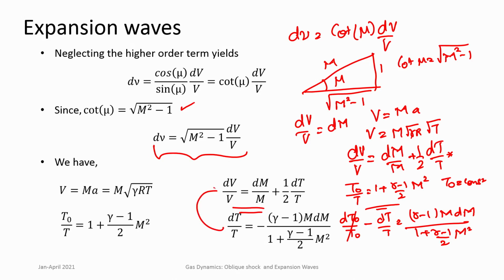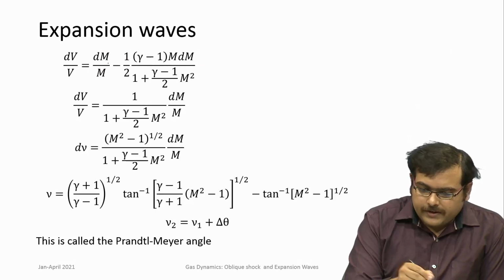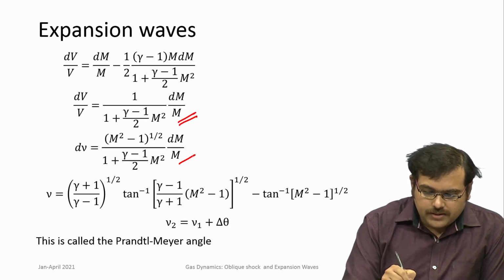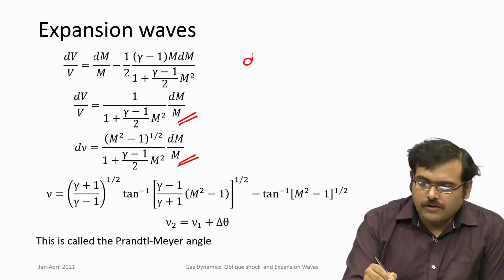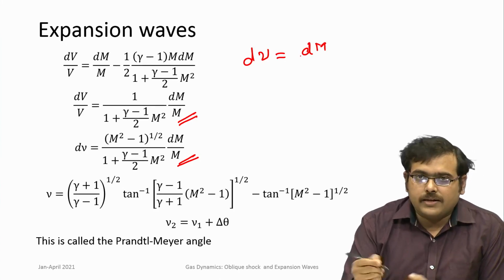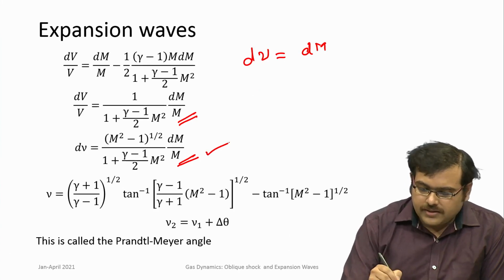So you can put this relationship into there, and you get dm by m minus half, and then do the algebraic manipulations. You get dv by v is 1 plus gamma minus 1 by 2 m square dm by m, and this is substituted, and so you get an expression for the Prandtl-Meyer function explicitly in terms of gamma and m. This is a calorically perfect gas, gamma is constant. This can be integrated.